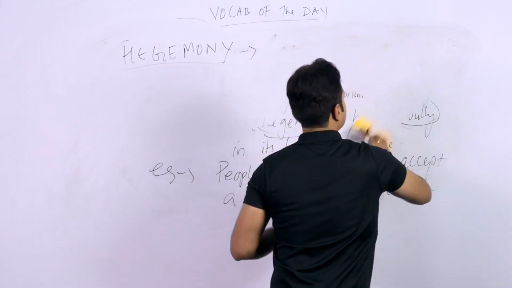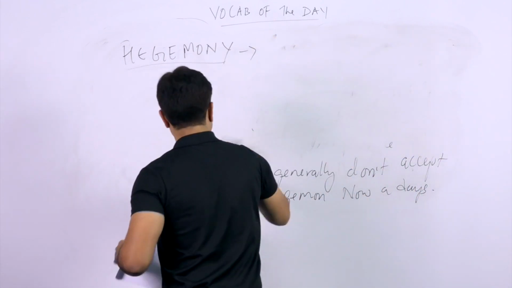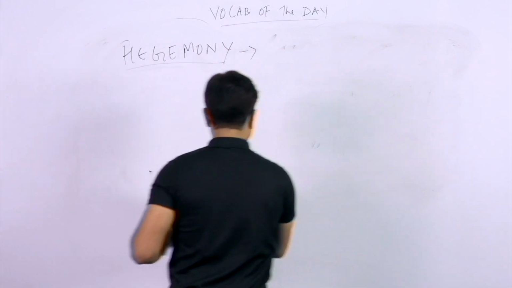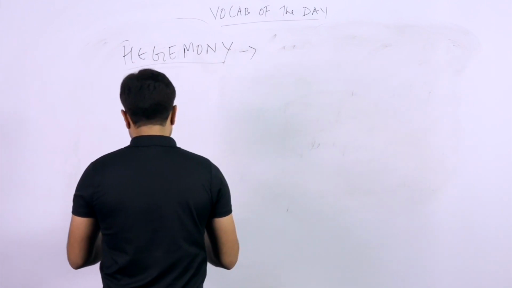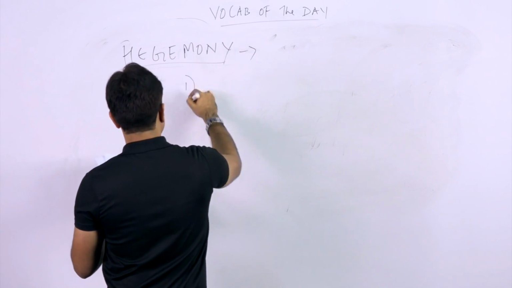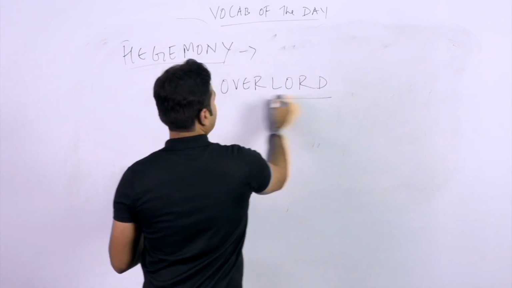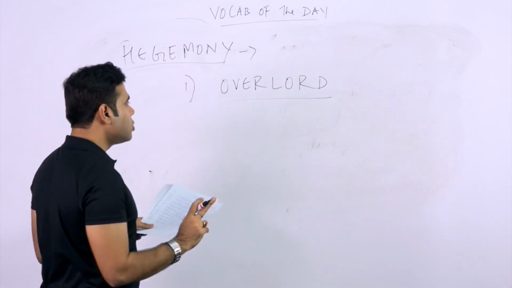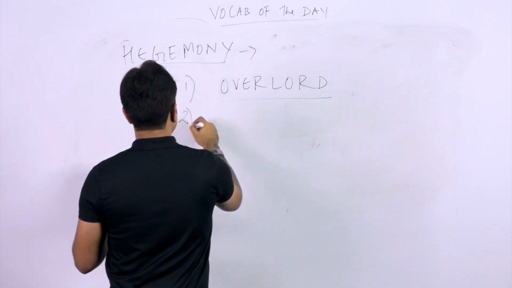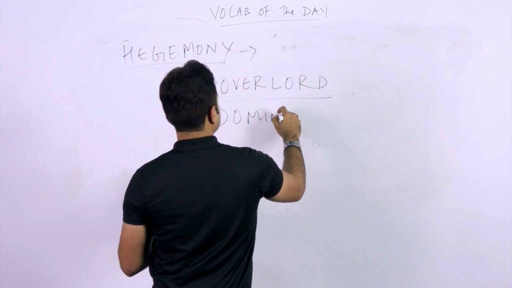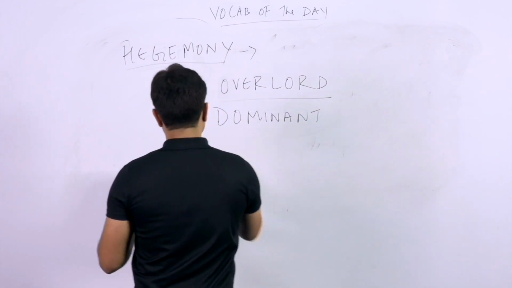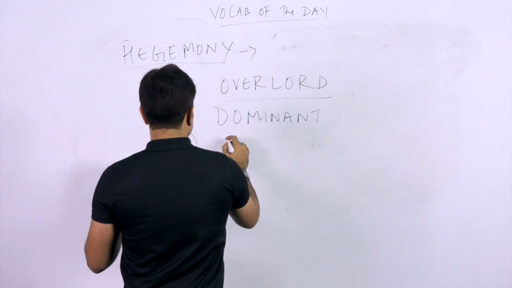So the words for this particular word, that is hegemon, I have taken very simple words, students. You must connect here. The first word is overlord. Overlord. It's not overload, it's overlord. Second word which I have taken is dominant. Dominant. Third word which I have taken is ascendant.